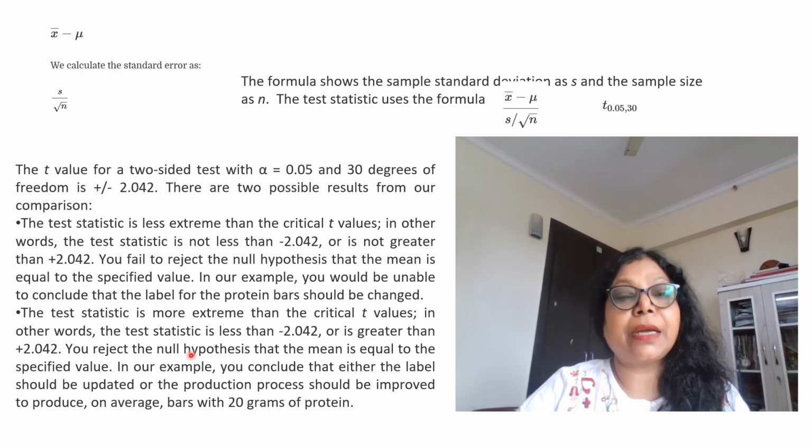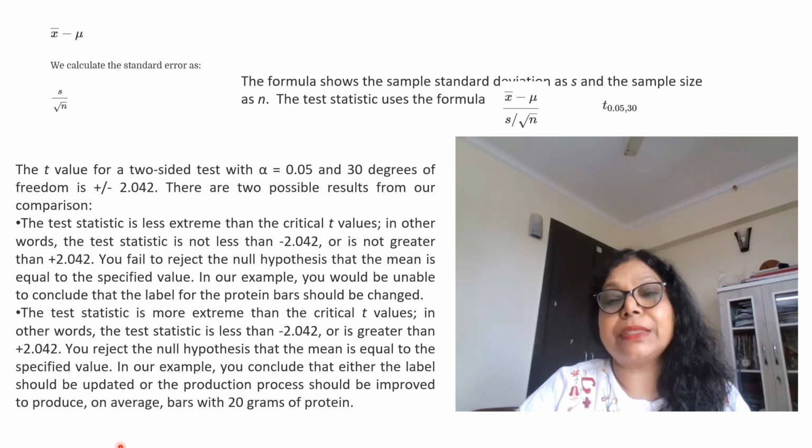And here we write the t value with alpha 0.05 and 30 degrees of freedom as t subscript 0.05, 30. That is how it is written. So the t-value for a two-sided test with alpha 0.05 and 30 degrees of freedom will be taken as plus or minus 2.042.